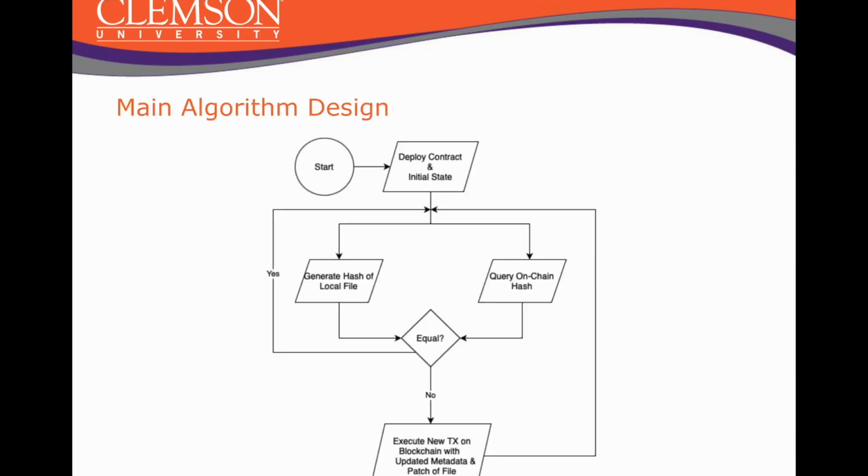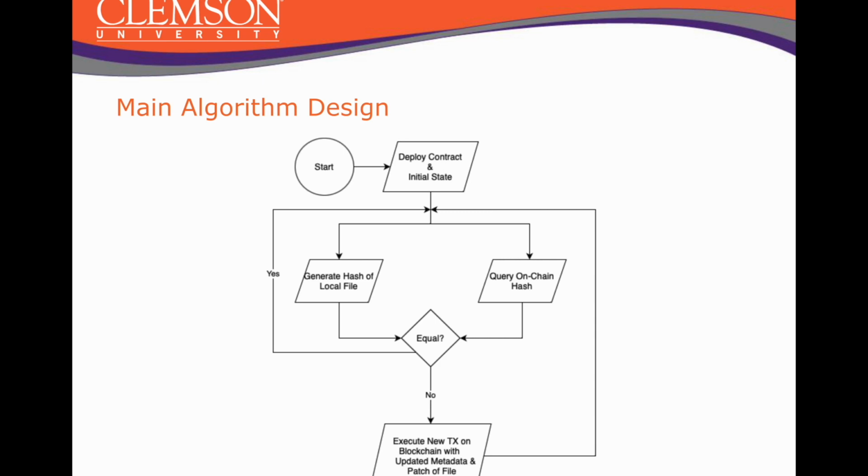The app starts with the deployment of our Solidity smart contract, which reads in the raw data contents from the machine files in their entirety when the contract is deployed. From there, a hash of the file is generated.